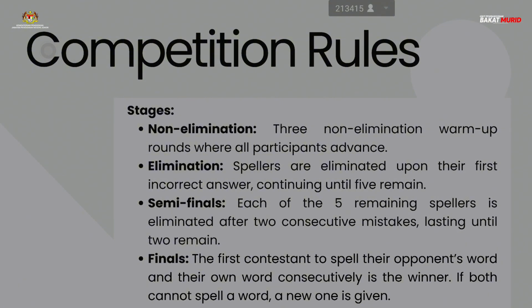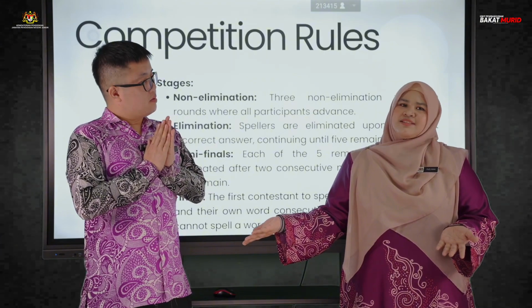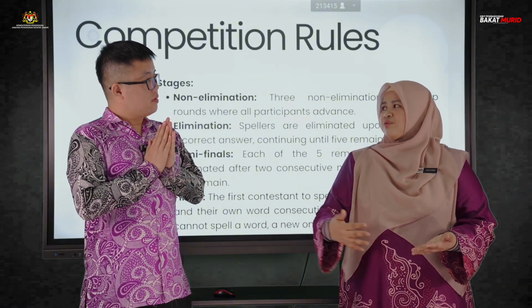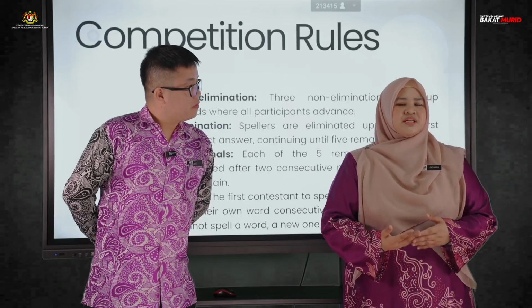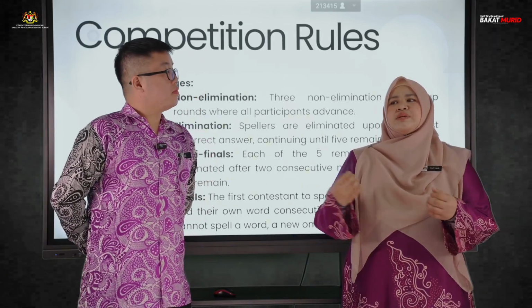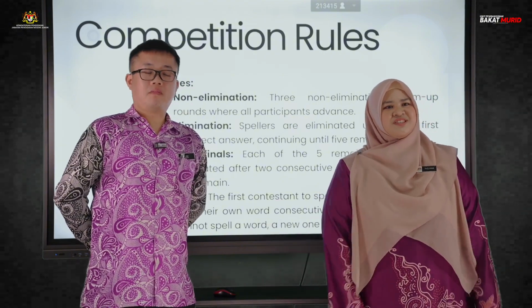Then that means that speller is the winner of the competition. What happens if both of the spellers cannot spell? Usually they will give a new word. So don't worry, they'll give a new word for you to spell, and you still have a chance to redeem your chance to be the winner of the Dare to Spell competition.